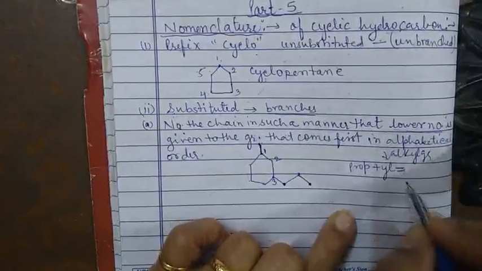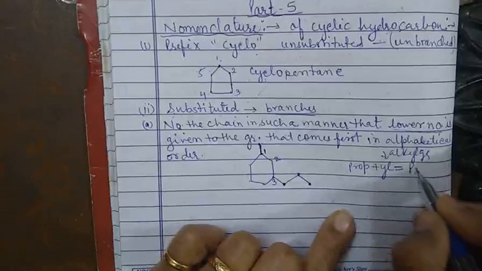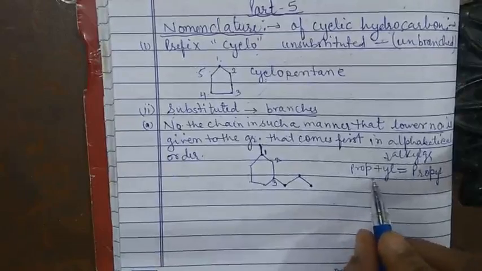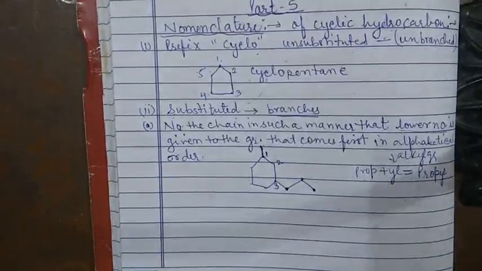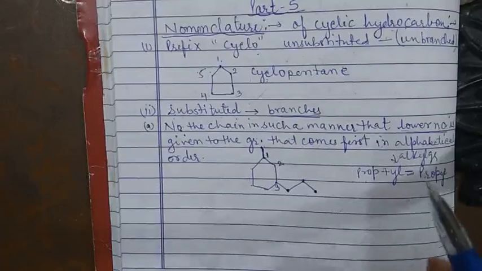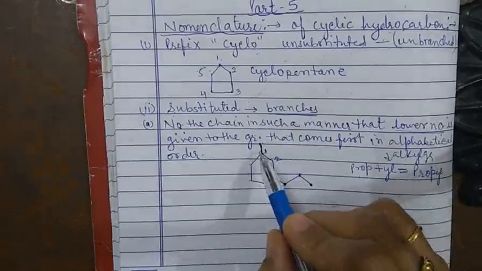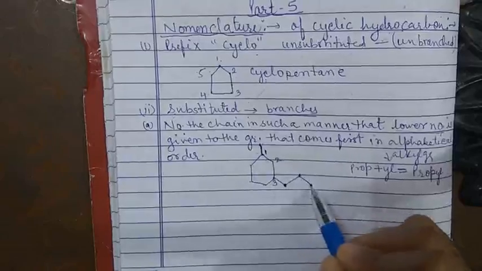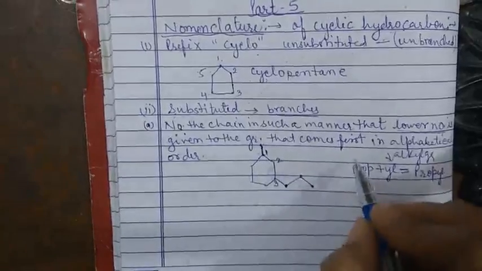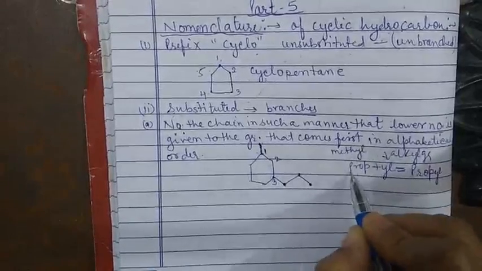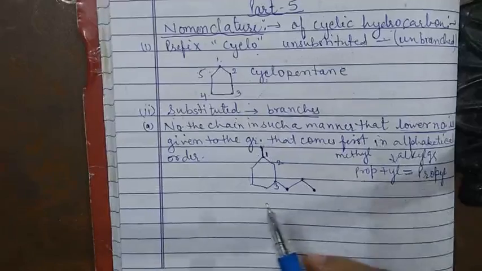So prop plus yl is equal to propyl. So this side chain is methyl, and this one is propyl. The first one is the methyl and the second one is the propyl.